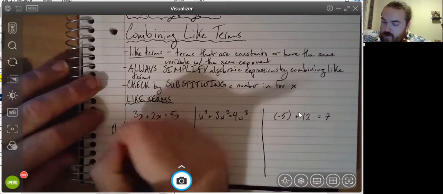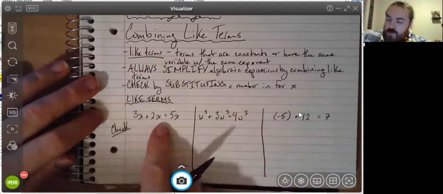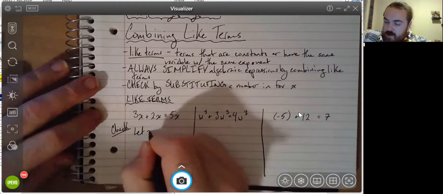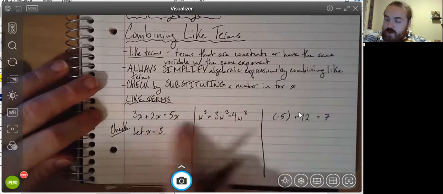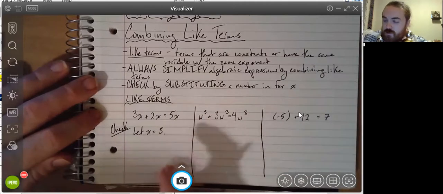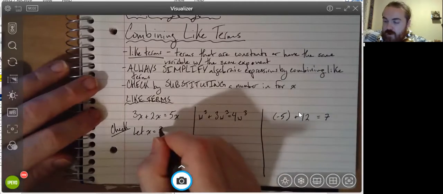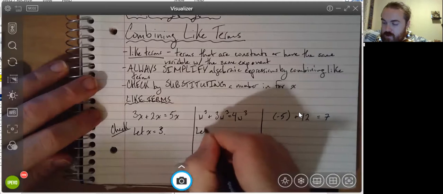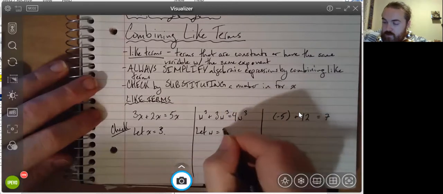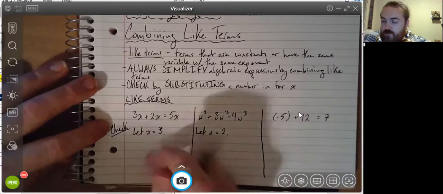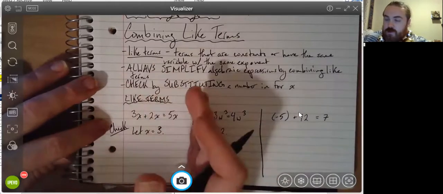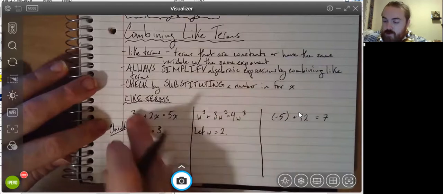Check. For this one, let x equal 3. For this one, because we have a high exponent, let's do an even easier number. Let w equal 2. All right, in this case, we're trying to check whether the left side of the equation is going to equal the right side of the equation when we plug in 3 for x.